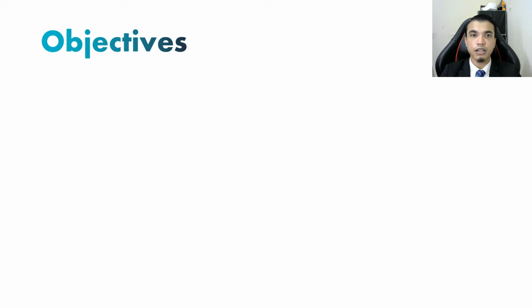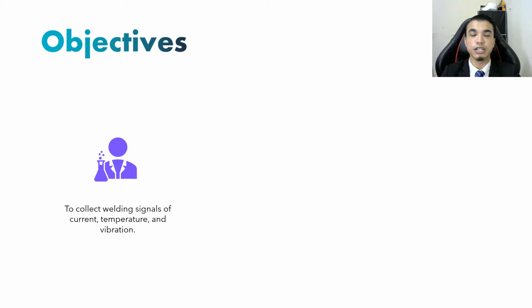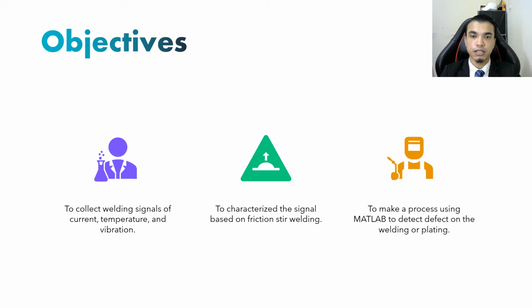The target I want to achieve in this project is to collect welding signals of current, temperature, and vibration. I also want to characterize the signal based on friction stir welding signal. And lastly, to make a process using MATLAB to detect on the welding.